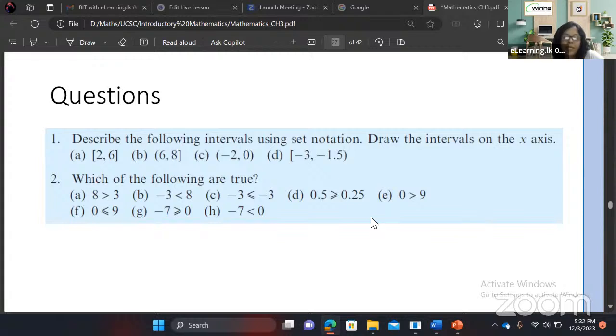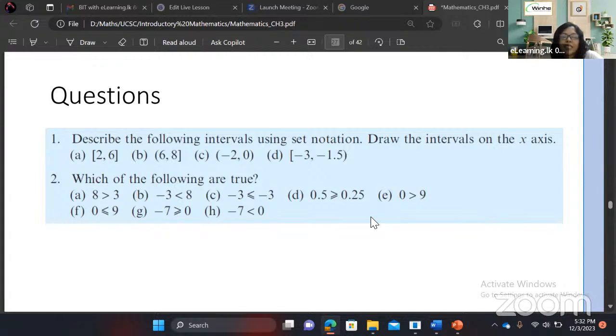If you multiply, divide, add or subtract with a positive value, the inequality sign will not change, right?